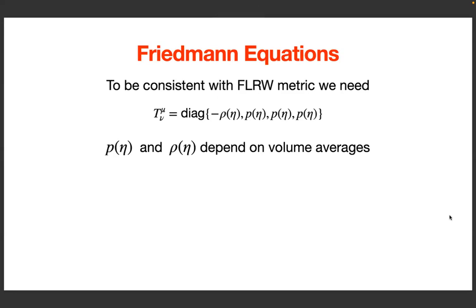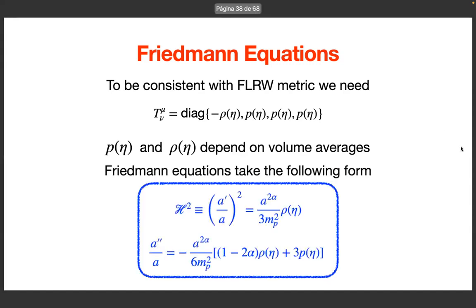Now that we have the equation for the non-minimally coupled field, of course, we need to evolve this in an expanding background, for which we will make use of the Friedmann equations. If I say my metric is given by the FRW metric, that means that my universe is filled with a perfect fluid, and the perfect fluid energy momentum tensor is given by this form, where the pressure and the energy density depend on the volume average over all fields present.